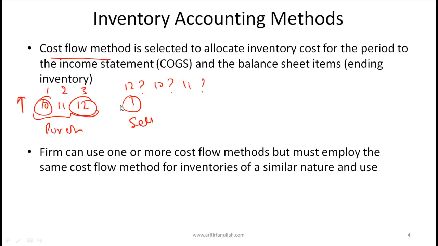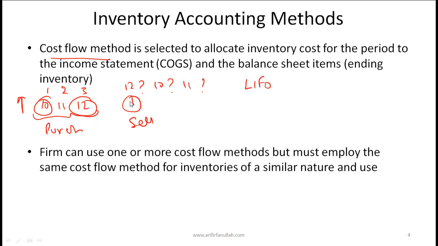And for your benefit, there are 4 methods that you need to be aware of, and each one of those has a name. The 4 methods that we will be talking about in some detail in the next few slides are LIFO, which stands for last in first out. So this method basically says that the last item that you got is the first one that you sell.